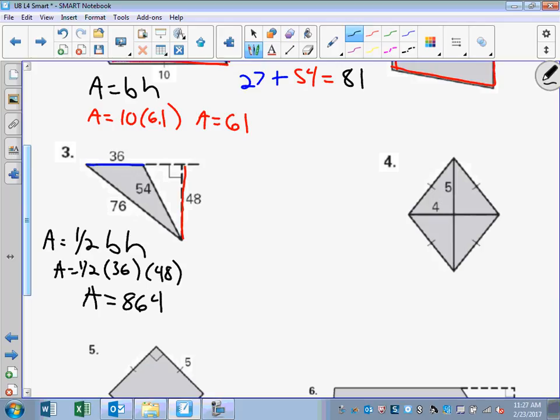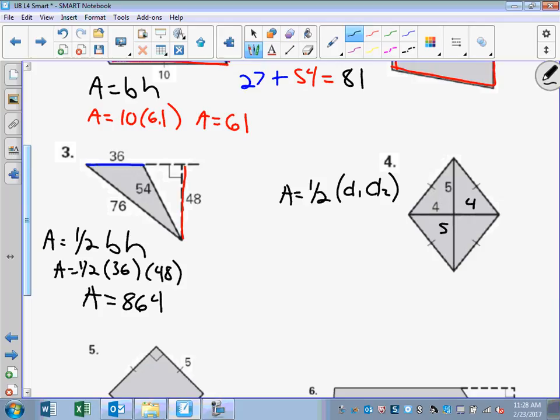Number 4, we have a rhombus. All the sides are congruent, so we know it's a rhombus. And the formula for a rhombus is area equals 1/2 diagonal 1 times diagonal 2. So we got diagonal 1 and diagonal 2 multiply together. So to find the whole diagonal, we're going to need to add these pieces together. So we got 5 and 5, 4 and 4.